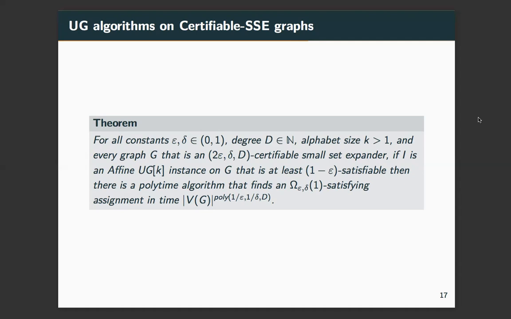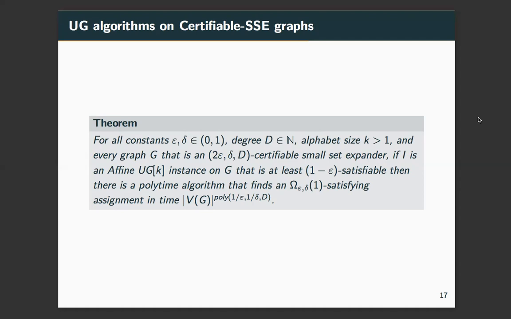Then there is a polytime algorithm that finds a good satisfying assignment in time polynomial in the size of the graph. The exponent of this polynomial only depends on epsilon, delta, and D.